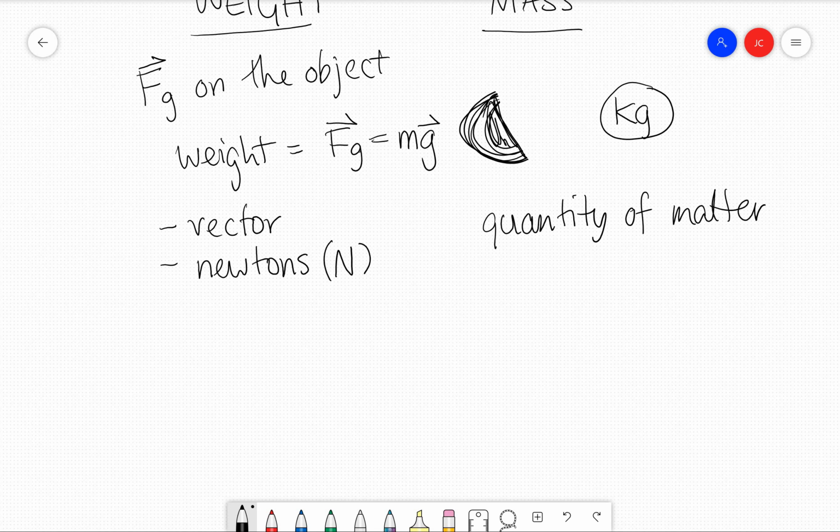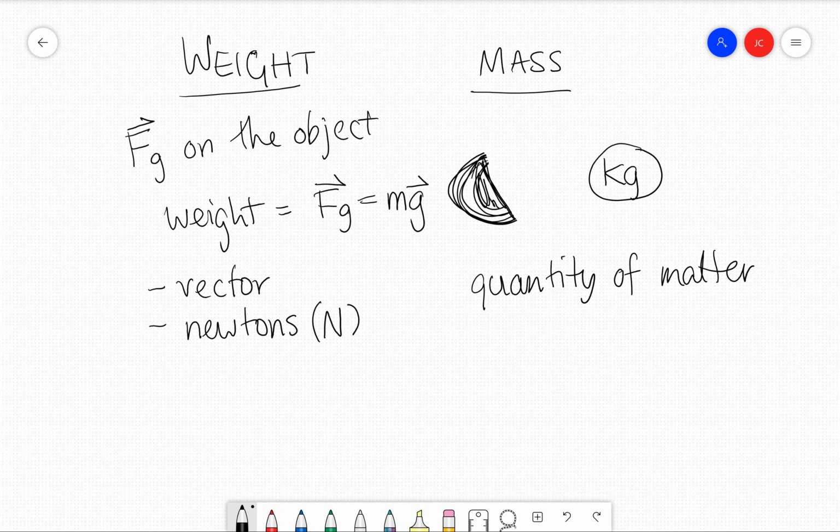You might have heard that famous thing about how astronauts who went to the moon could jump really high and float around because they weighed less. And you might have wondered, how did they weigh less? I thought weight was how much an object has in terms of matter. And that is the key difference between mass and weight. Their mass never changed. You can't change the mass of a person unless you cut off their head.